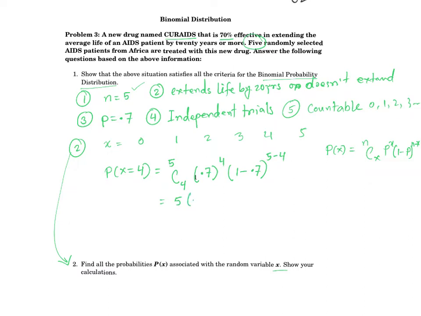And 0.7 to the power 4, you can do the calculation using a calculator. 1 minus 0.7 is 0.3, 5 minus 4 is 1, but 0.3 to the power 1 is just 0.3. Now this is going to be the probability that 4 patients out of 5 extend their lives by 20 plus years. Now this is exactly the same way you do other calculations for 0, 1, 2, 3 and 5. Okay.